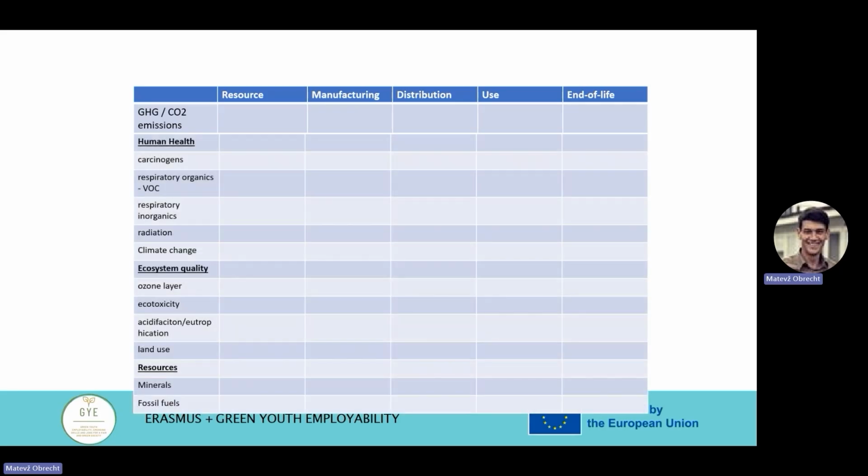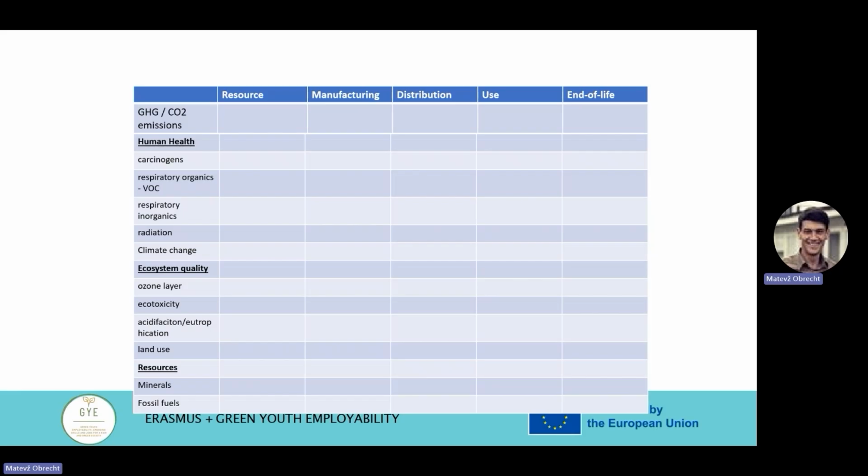We can assess the human health, like carcinogens, VOC, respiratory inorganics, radiation, climate change. We can assess ecosystem quality like ozone layer, ecotoxicity, acidification, land use, and we can assess impact on the resources. So all of these are the more comprehensive assessments, like the life cycle assessment. We will also talk about that in one of the next lectures.